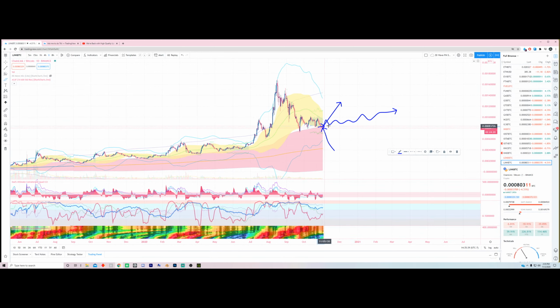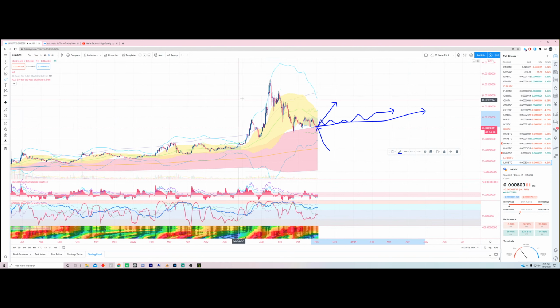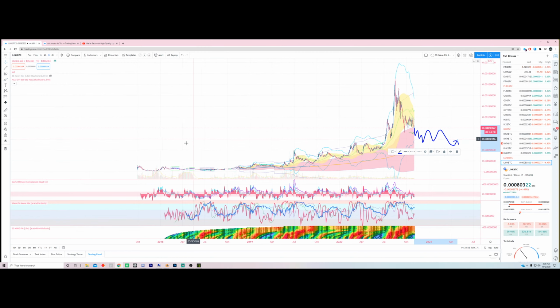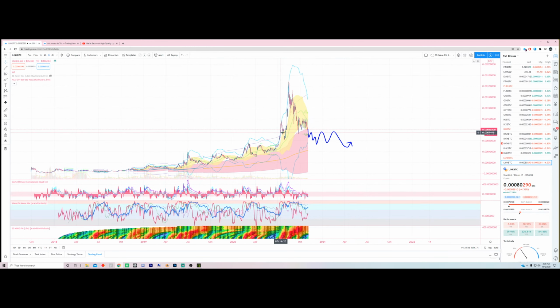You could bounce sideways on this for as long as we want, really. But if we actually do crash below this supporting pivot, we are going to see long-term compressionary mean inversion, which pretty much just means that we're going to go sideways for the rest of the year, at least. Sideways and down. So this is a very important pivot for us to defend at this current time. It's now or never for Link, essentially.